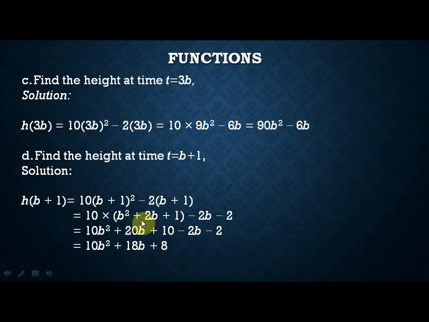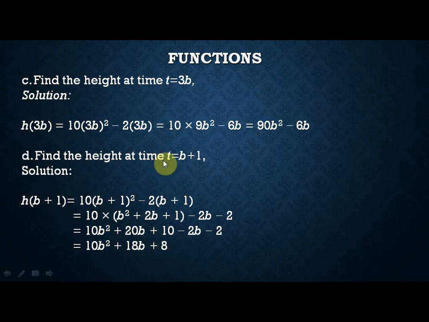So 10 times (b square plus 2b plus 1), this is the simple expansion. Now 10 multiplied by this gives 10b square plus 20b plus 10, and minus 2 multiplied by both values: minus 2b and minus 2. Now arrange like terms, add or subtract, it becomes 10b square plus 18b plus 8. So you got the simplest answer.